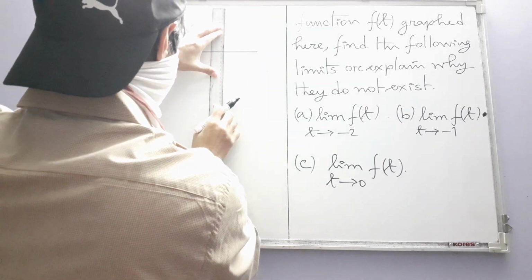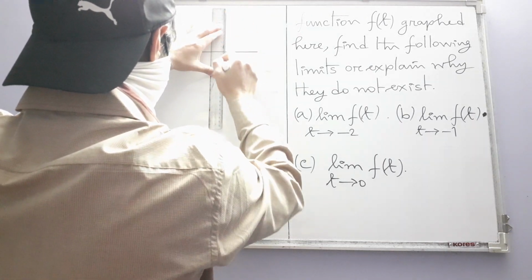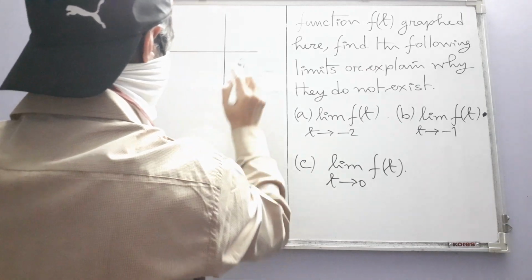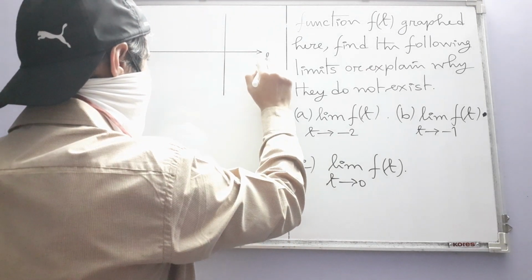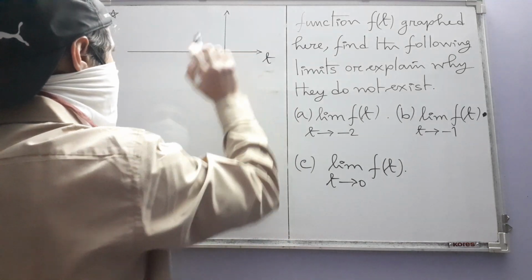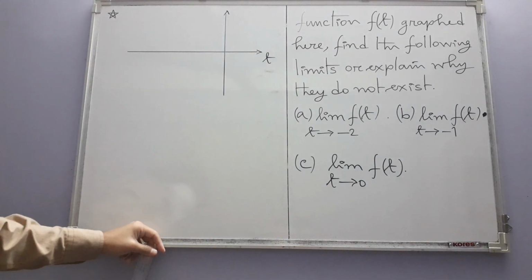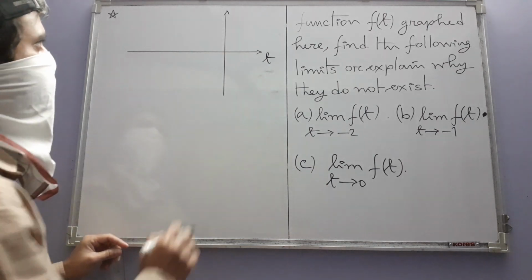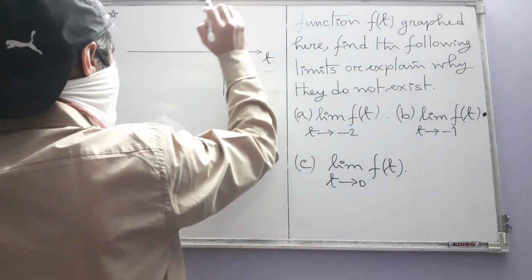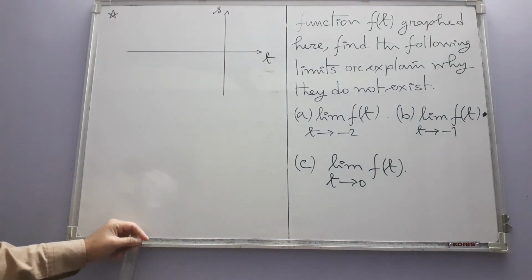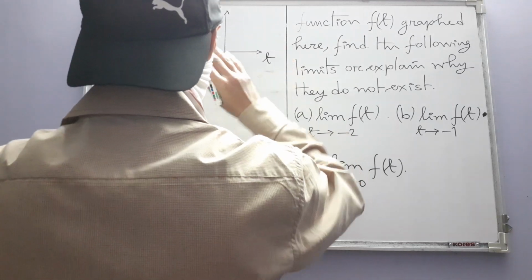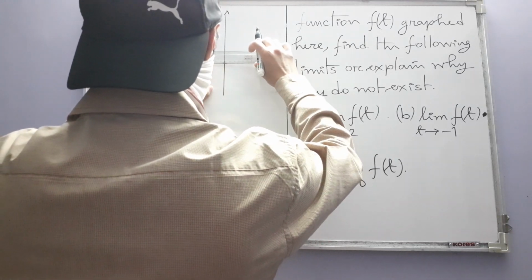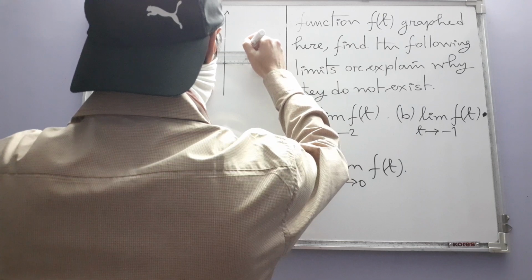So that means something like this. So this is our x. Oh, we don't have x, we have t. And what is the dependent variable? They are calling it s. Fine. Then we need to put the points first. Let me carefully put the points.